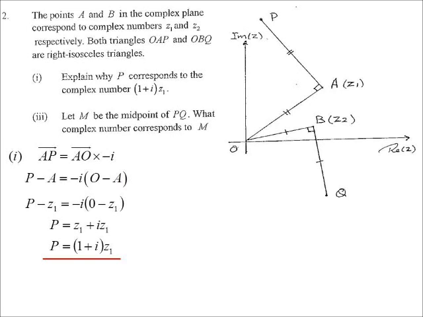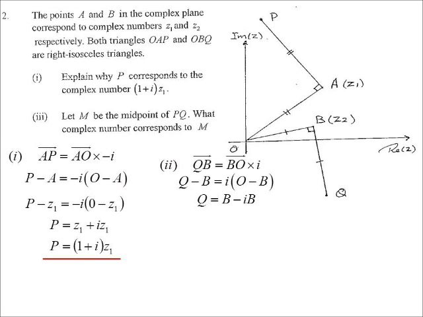Okay, part 2, which is missing. That's interesting, I just labelled it part 2. It says part 3. Let M be the midpoint of PQ. What complex number corresponds to M? I'm tipping the missing part 2 would be to find the coordinates of Q, because it seems a logical thing we have to do. So all right, let's do the same sort of thing. QB will be BO times i.